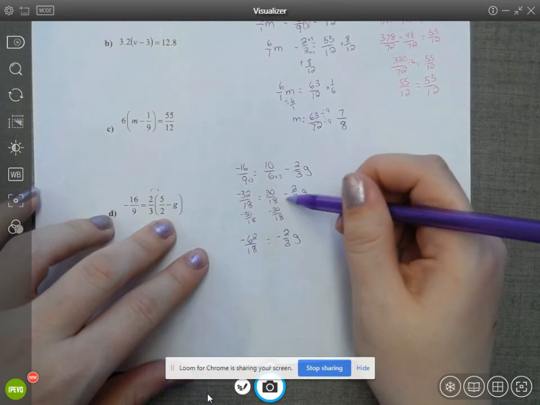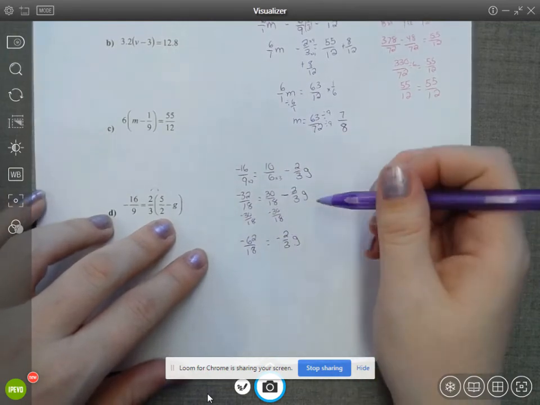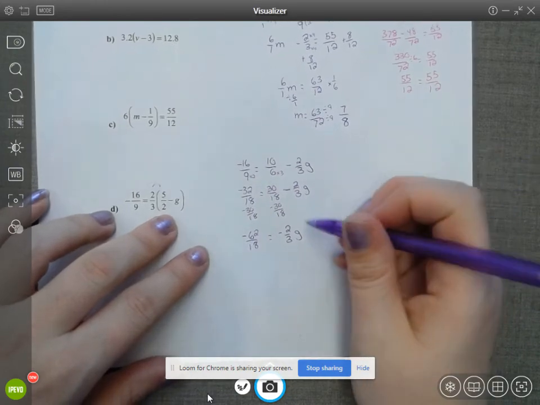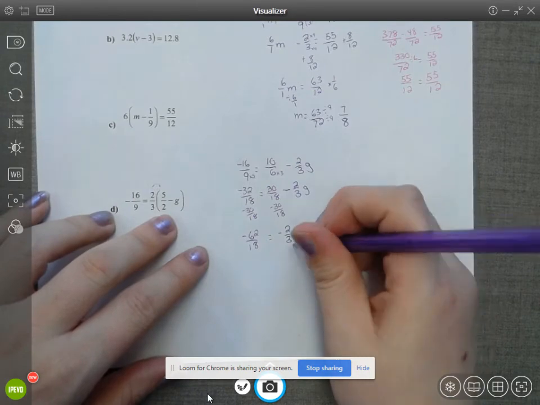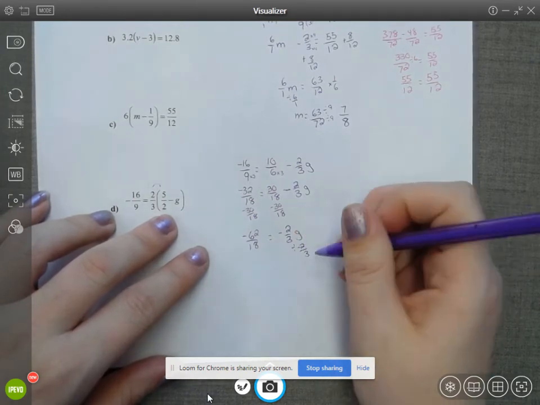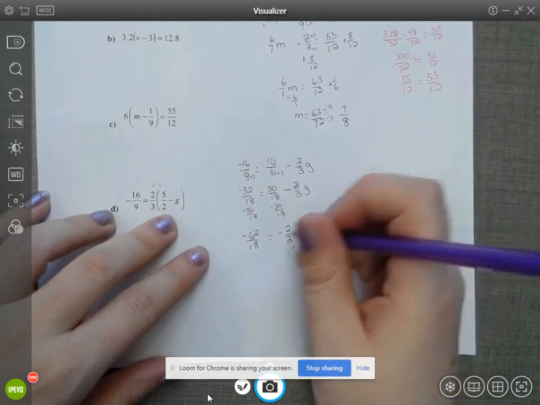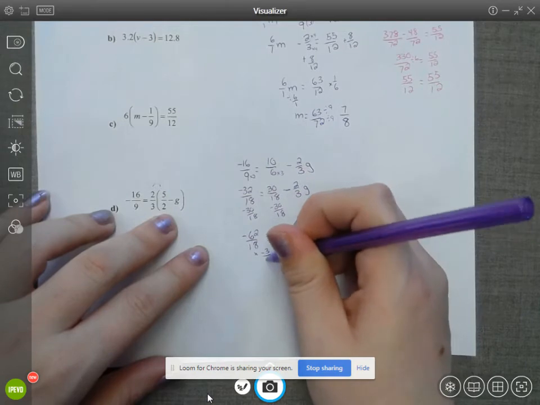Please don't forget the subtraction. Because it wasn't used, it is becoming a negative now. We can't just pretend that it is not there. So when it is next to each other like that, it means multiply, and the opposite of multiplying is to divide. And when I divide, we all remember that dividing is actually multiplying by the reciprocal, which becomes negative 3 on 2.